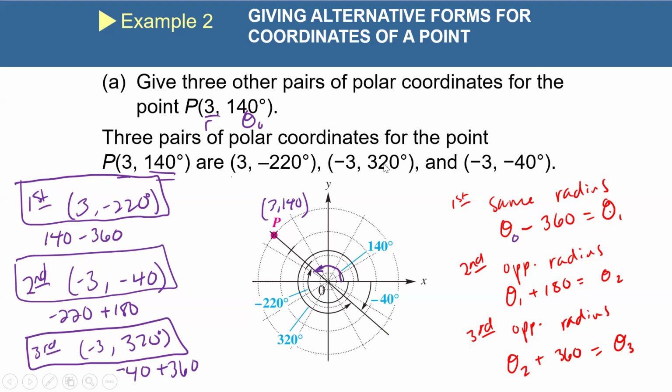And then to find the next one, I'm going to find their negatives. To find the negatives of them, the negative means I'm adding 180 because I'm just crossing over. So negative 220 plus 180 is going to put me at negative 40.